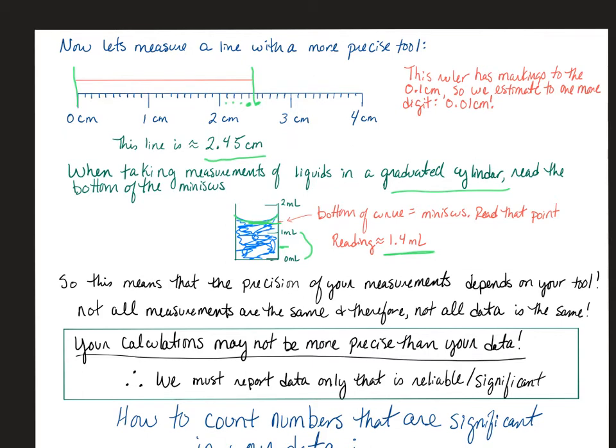So make sure you look at your scale on your graduated cylinder so you know exactly what it is that you are measuring. So as I was saying, that means that the precision of your measurements depends on the tool that you're using. It depends on your device. Not all measurements are the same, and therefore not all data is the same. When approaching things in chemistry, your calculations may not be more precise than your data.